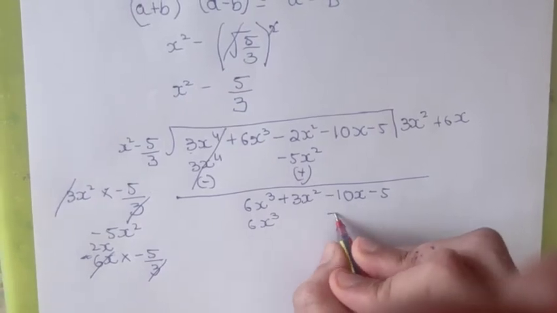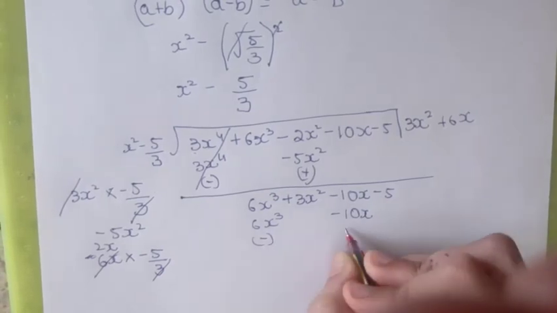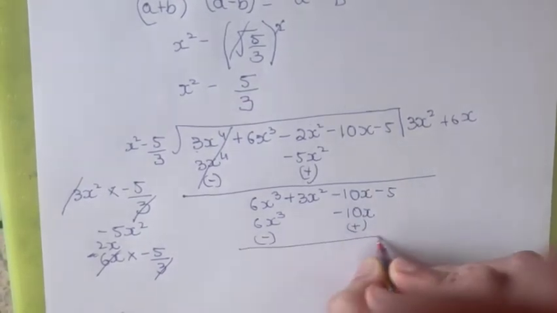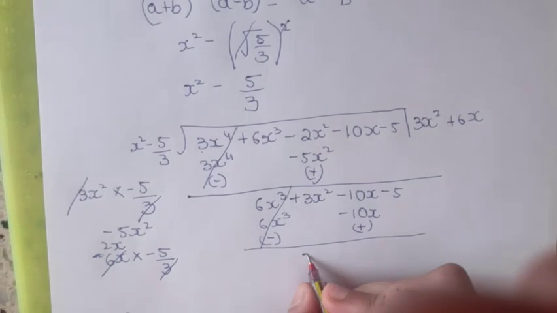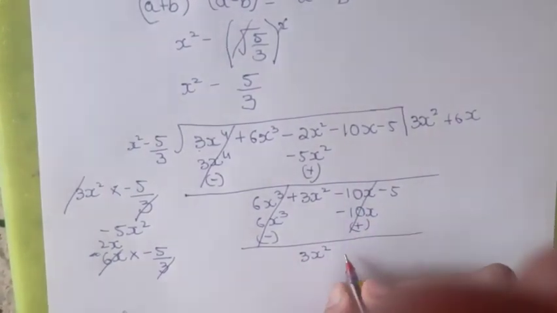We change the signs, so this becomes minus and here plus. Plus and minus cancel, that leaves 3x square, and here plus minus also cancel, leaving minus 5.